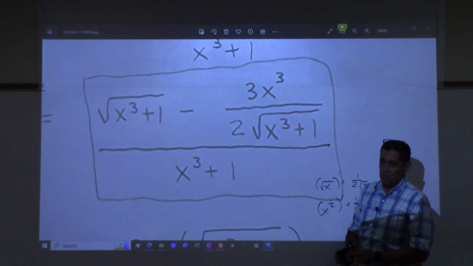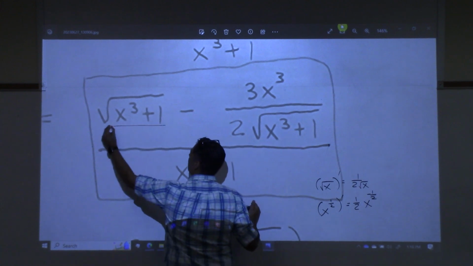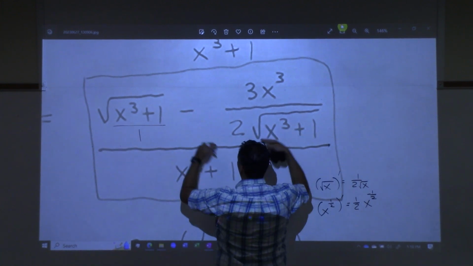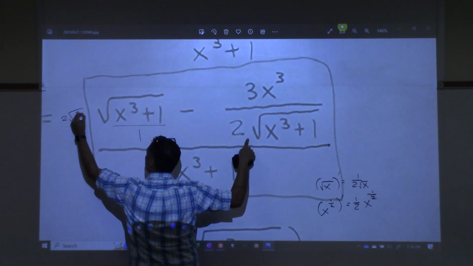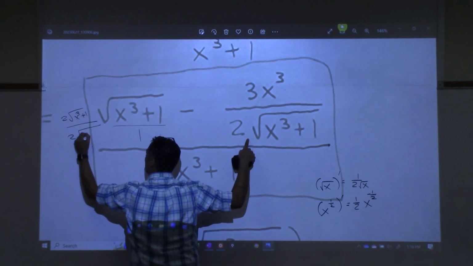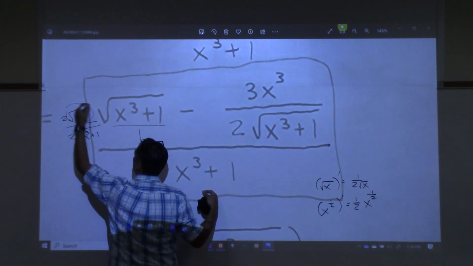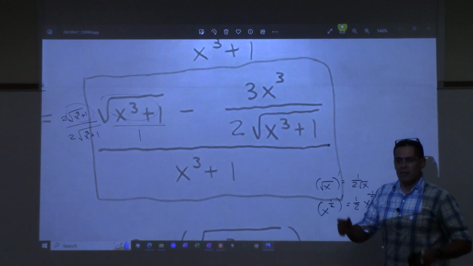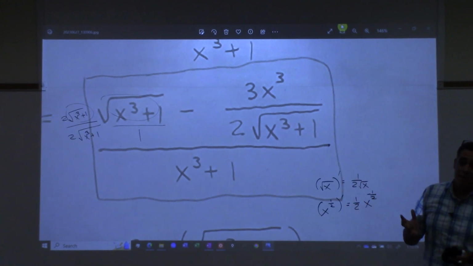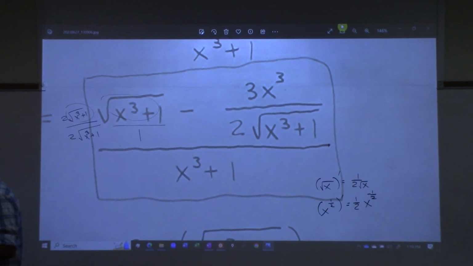I think it's easier to work with this if I had to put these two together, all I'd have to do is insert this 2 root x cubed plus 1 on the top and bottom so that they have the same denominators. And do you see how this is real nice? Because when we multiply those together, the roots go away. If you had half powers, it would work out if you were good with your algebra, but it just might not be as easy to see.